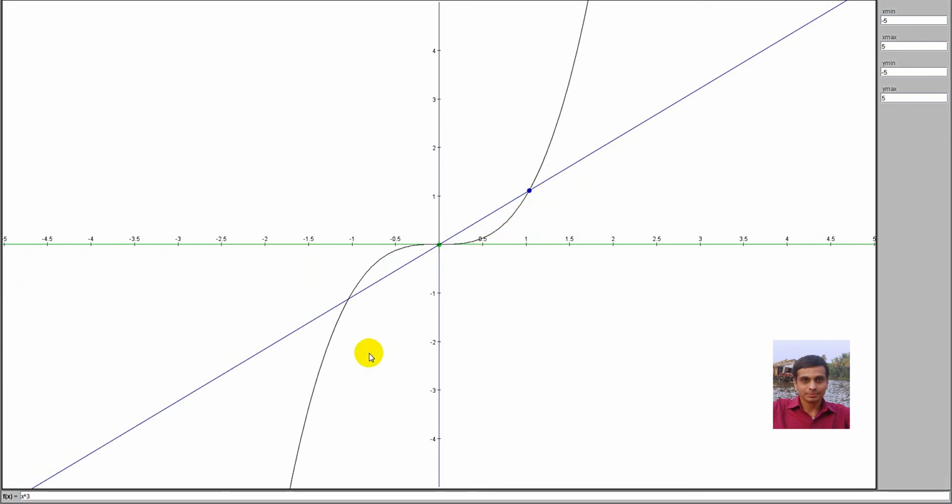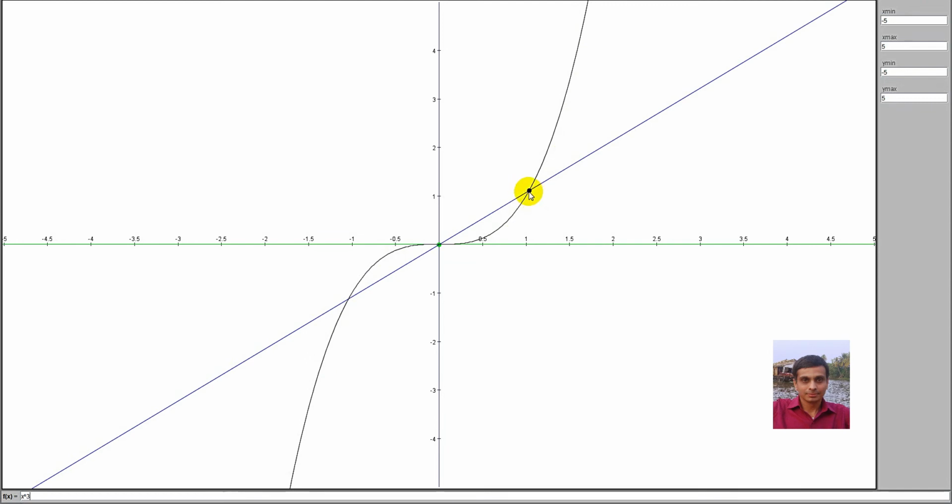I have plotted the graph of x cube. So this curve represents the graph of the function x cube. Students often feel that a tangent line cannot cut the curve or pass through the curve; rather, it has to touch the curve. This is no longer true.